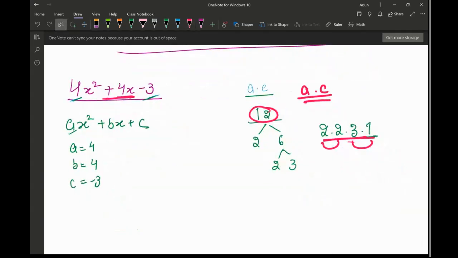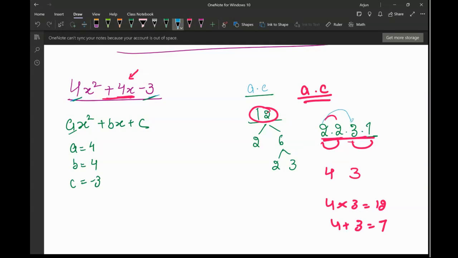So what do I mean by that? If I try and find the combination, I can multiply these two. First of all, 2 times 2 is 4, another is 3 times 1 is 3. So 4 and 3, let's see. 4 times 3 is 12, but 4 plus 3 is 7. This is not 4x, but what I wanted to get is 4x. So I'm going to look for another combination.